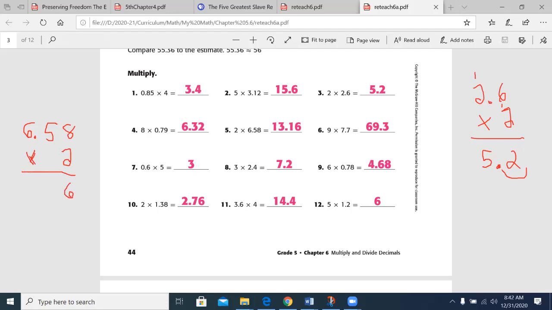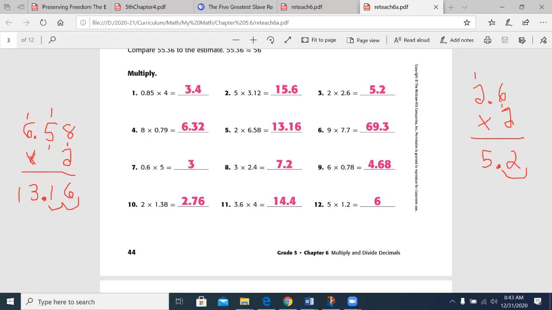I can't put a 16 in that column, so I put a 6 and regroup a 10 up here. 5 times 2 is 10, plus 1 is 11. Same thing applies. Put a 1, regroup the 1. 6 times 2 is 12, plus 1 is 13. Now I count my decimal places: 1 and 2. There's none down here, so I go back in 2 spots, and I get 13.16.